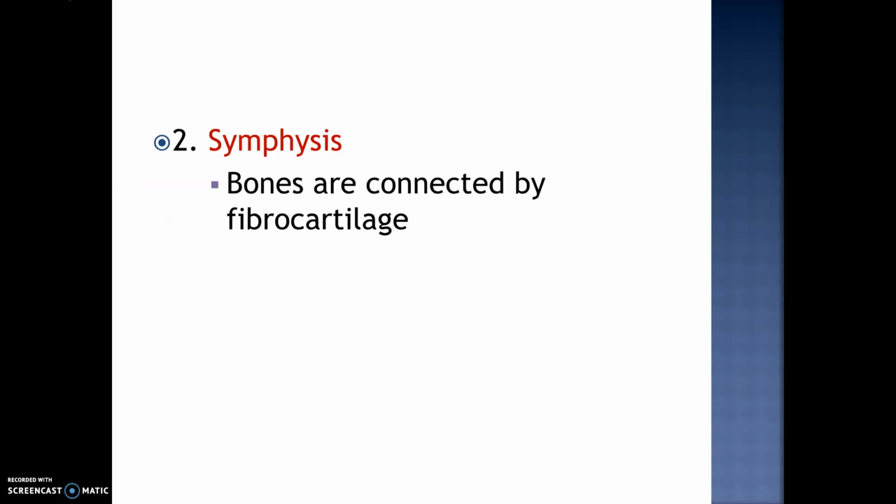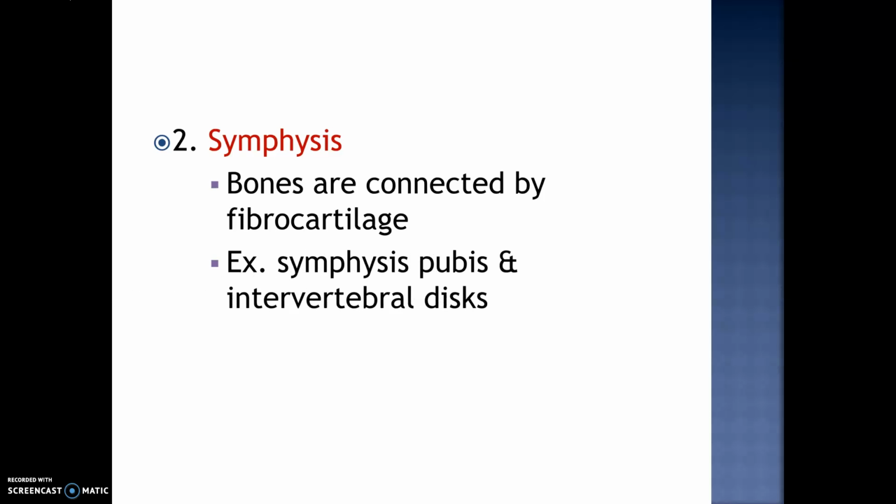Next is our symphysis. So remember we talked about two bones that are connected by fibrocartilage, and we can see an example of that between our symphysis pubis, which is in our pelvis, and then we can also see these types of cartilage in our vertebral column between each of our discs to help cushion the weight of our bodies on our vertebrae.